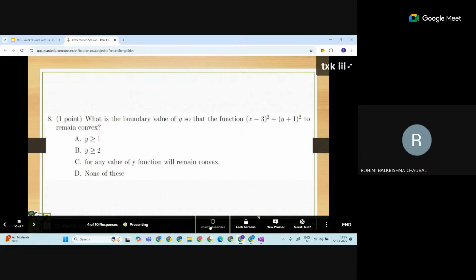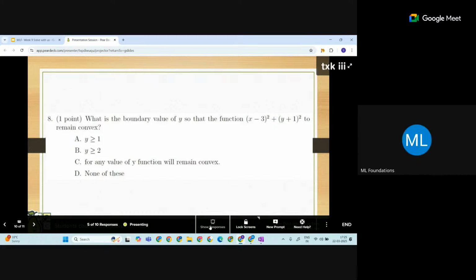There was one question like this in the graded assignment also, but there they asked for the value of x. There the condition is slightly different. For a convex function, the Hessian matrix of the function must be positive semi-definite.